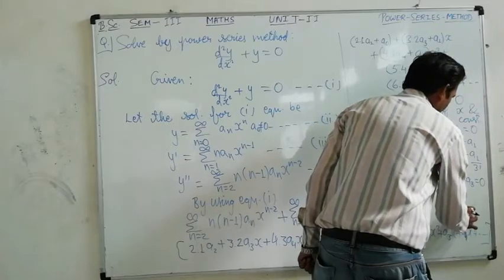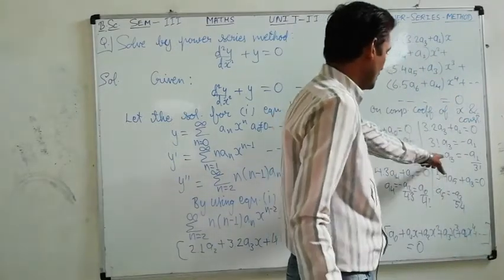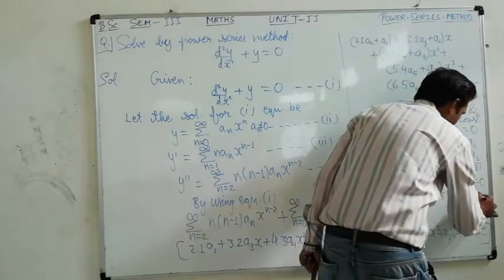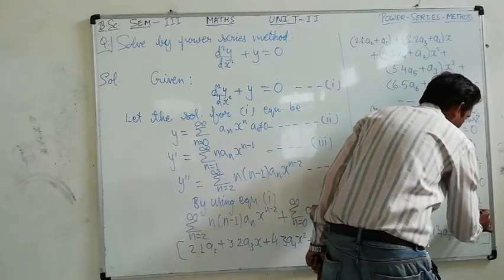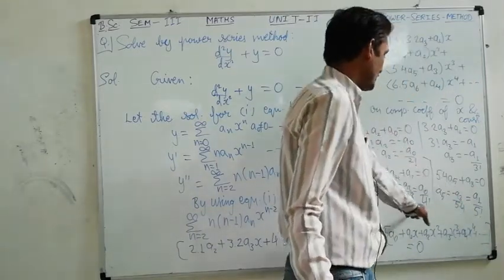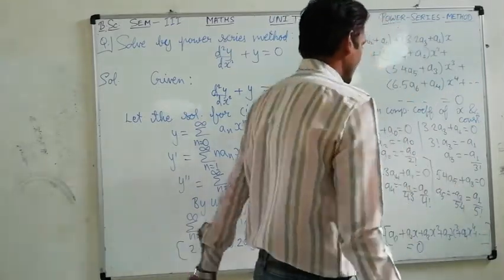So, a3 value we know is minus a1 upon 3 factorial. That minus will make it positive. So, a1 upon 5 factorial, because 5 into 4 is already present here and 3 factorial more.